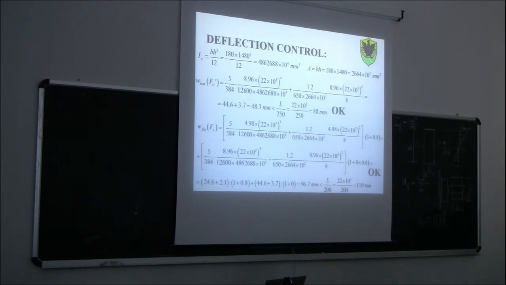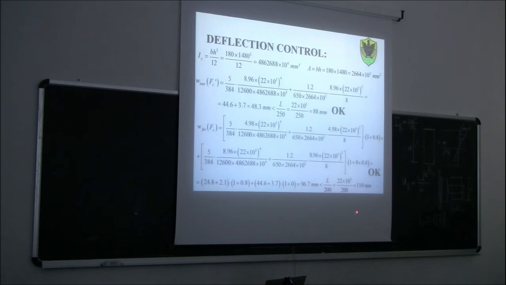In this case, it's not actually. But for example, if you had the same beam to be designed as a floor, this would reduce to L over 250, so this one would go basically below this number. So we would have then to redesign the beam in order to satisfy this limit state.